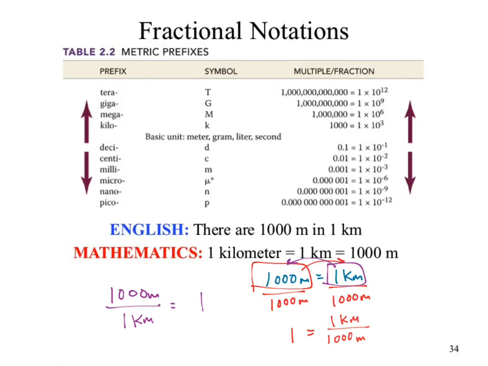Okay? It will allow me to convert units though, and that's a pretty powerful tool. That's why the units need to show up in it. So we're looking at these fractional notations. Pretty much the rest of the semester, that's what we're doing. What is a fractional notation and how do we use it? That's it. Okay? So from here on out, it's boring because that's all we do.